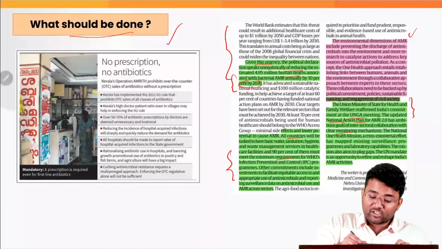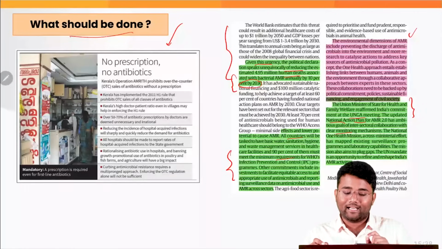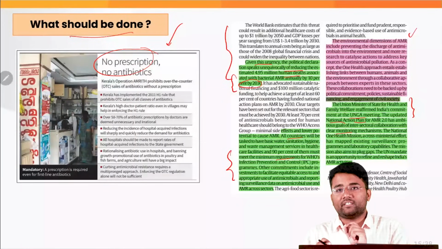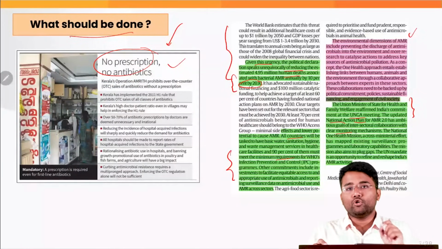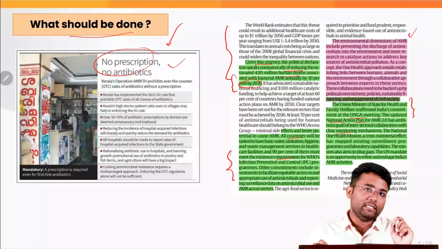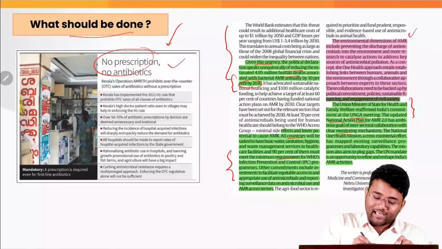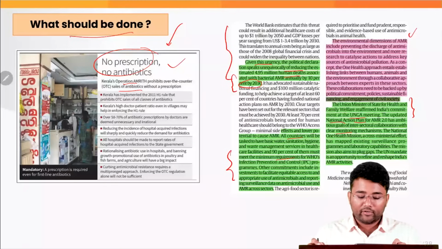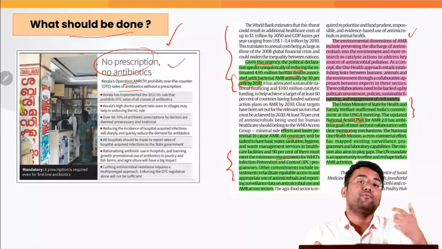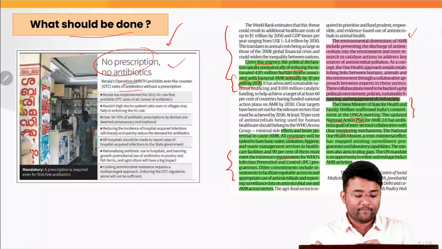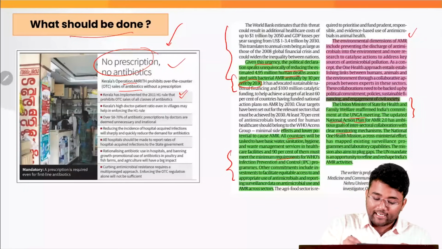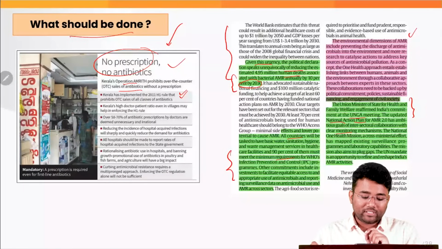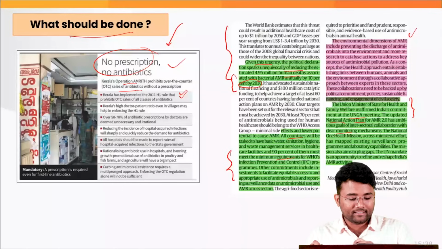Also, some of the best practices from states like Kerala, which came up with Operation Amrit, which says that if there is no prescription, there should not be any antibiotics. This Kerala's Operation Amrit, which prohibits over-the-counter sales of antibiotics without a prescription, should be followed in every state of India. Kerala has implemented this 2011 H1 rule that prohibits OTC sales of all classes of antibiotics.